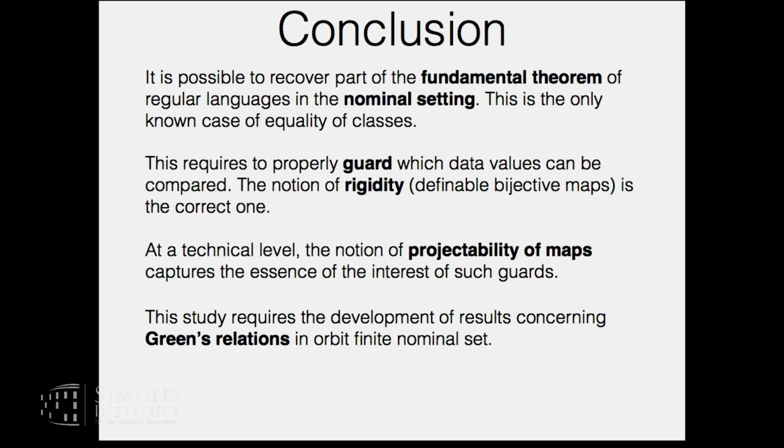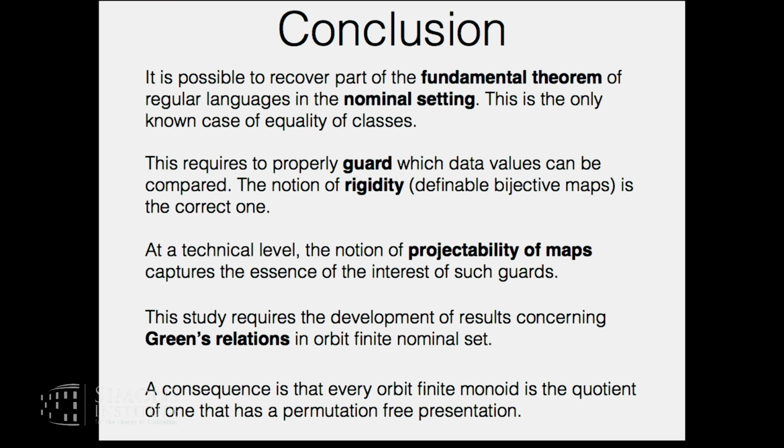And then there is a conclusion that says exactly all what I said, because I'm late. And it has a funny application, which is that if you have an orbit finite monoid, you can see it as essentially a letter that represents the orbit, and then tuples of variables, and with possibly permutation among these variables.